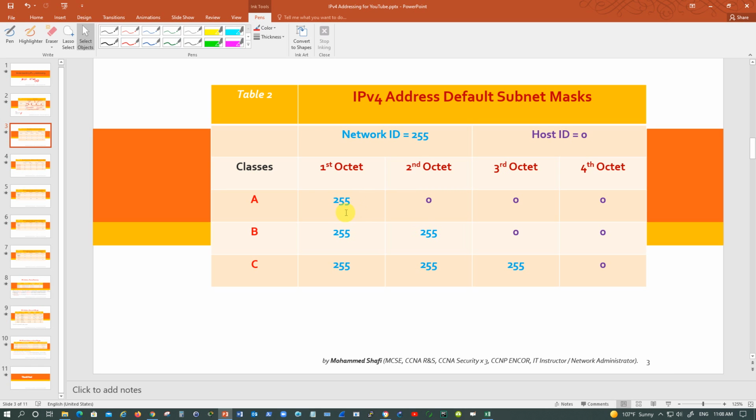Here it's easy because these are all 8 ones. The binary equivalent of this 255 will be nothing but 8 ones. It will be all 8 ones here, 8 ones, 8 zeros, 4 zeros, like this. This is equal to this.